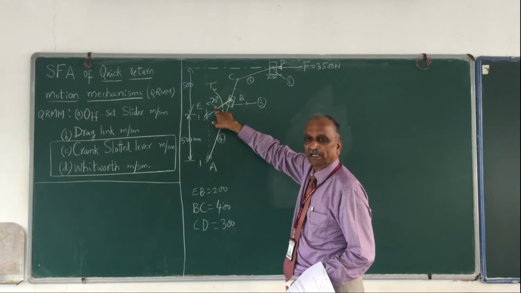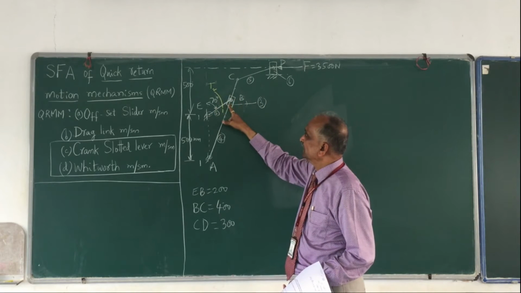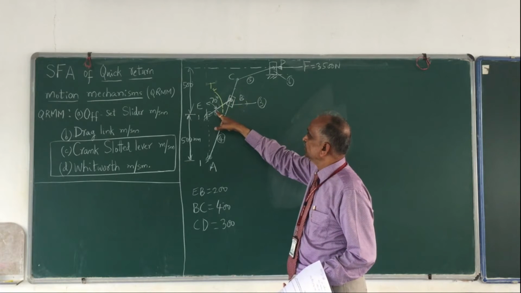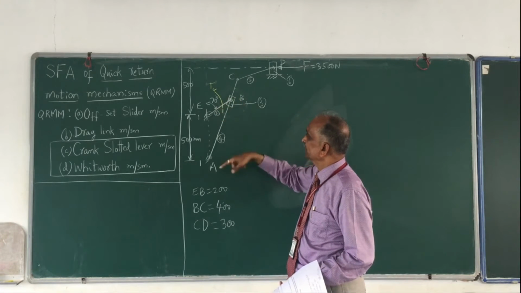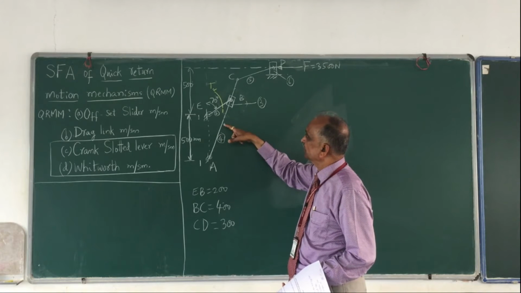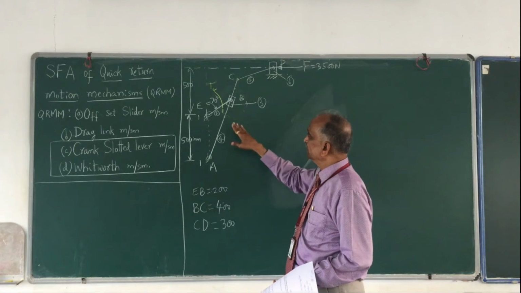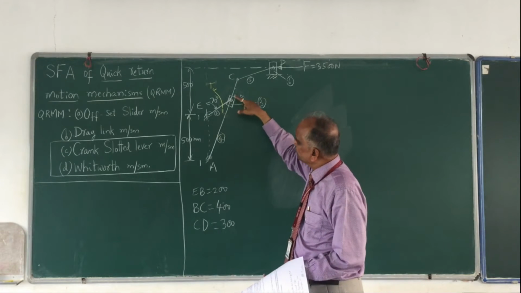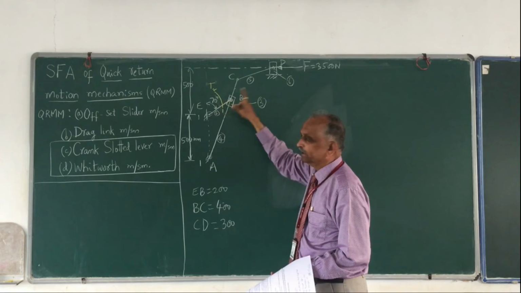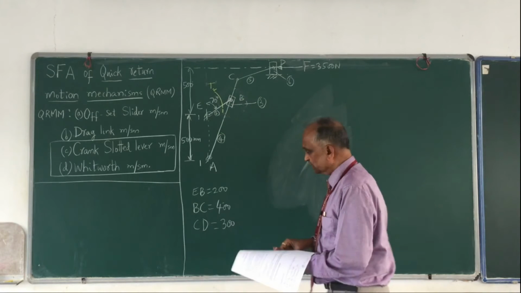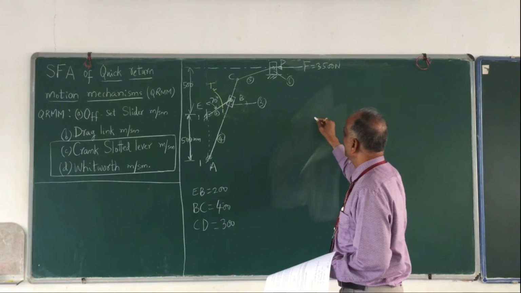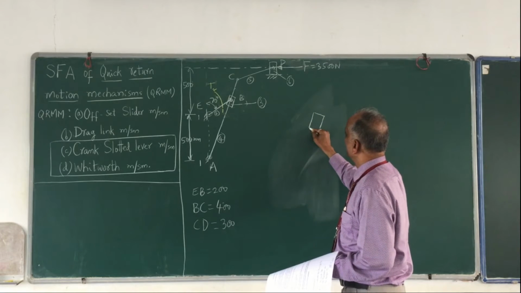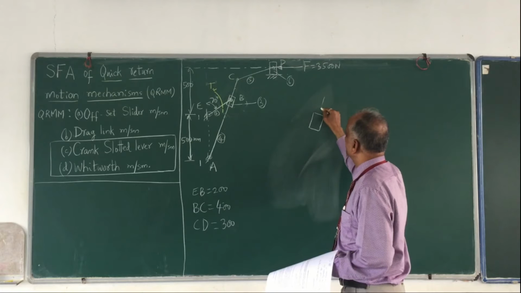So it is 2 forces and 1 torque. If I take link number 3, there is one force from 2 and another force from 4, F43 and F23. Now I shall draw the free body diagram of link number 3. This is how it is, link number 3. This is the line.